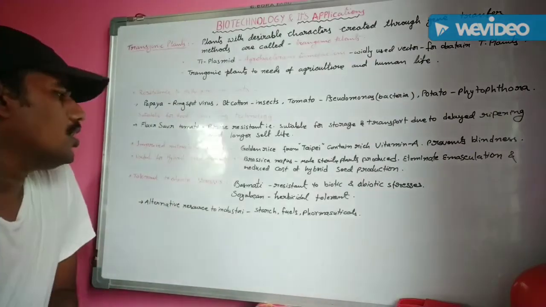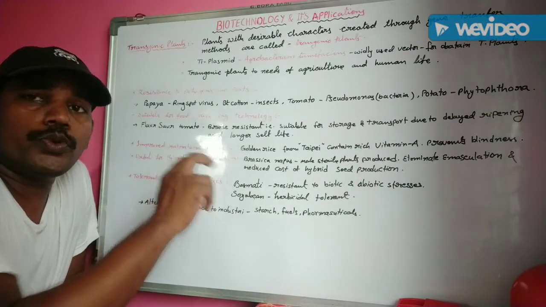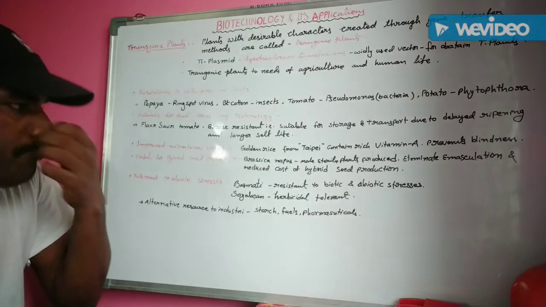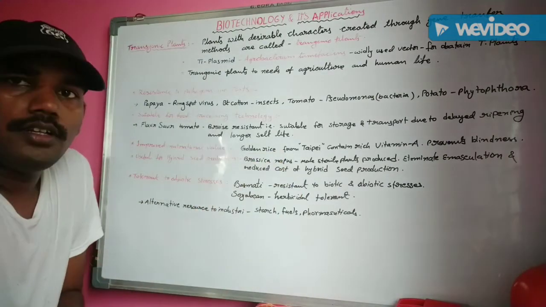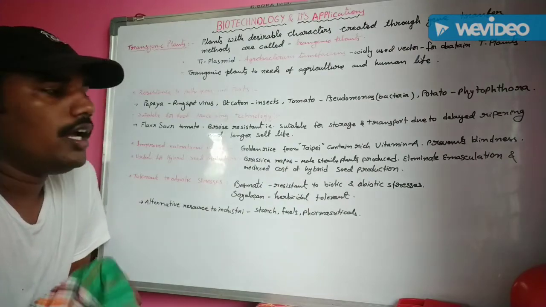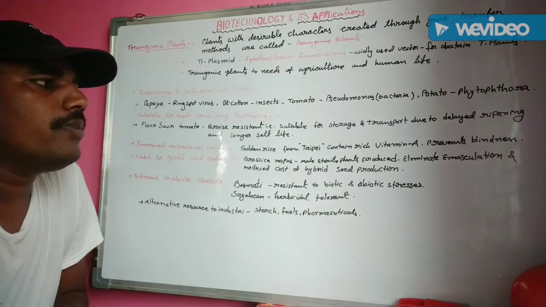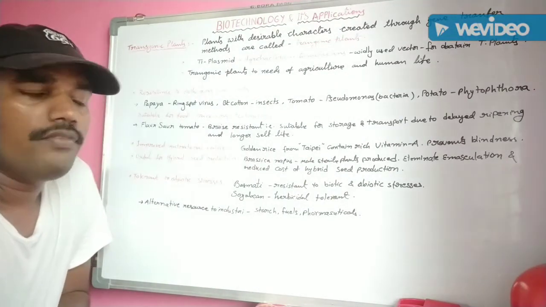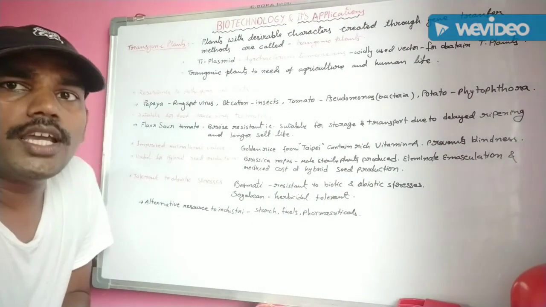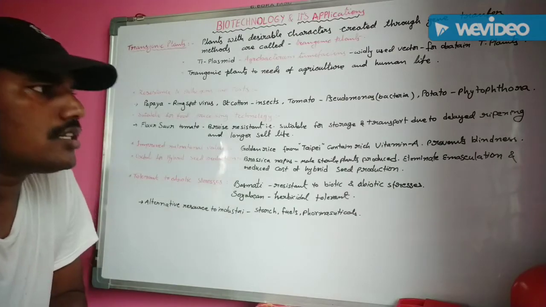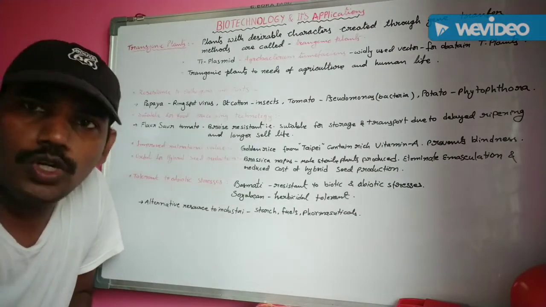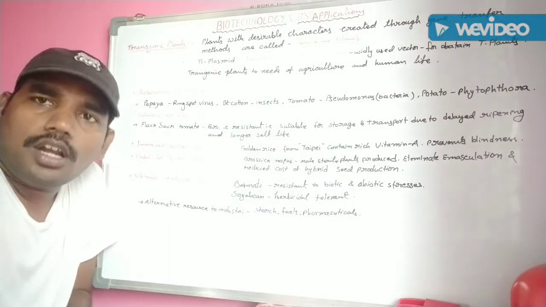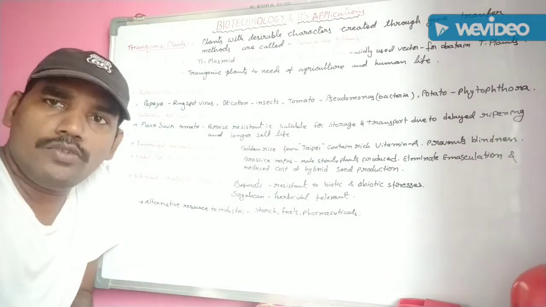Transgenic plants are useful for hybrid seed production, like Brassica napus. Male sterile plants are produced from Brassica napus, especially from genetically modified transgenic plants. It eliminates emasculation. Emasculation means removal of anthers from a bisexual flower.